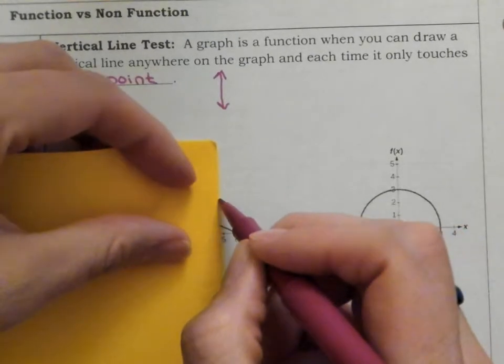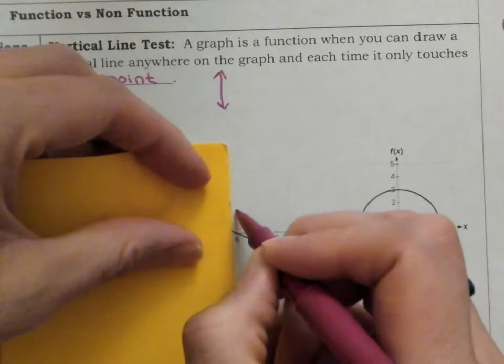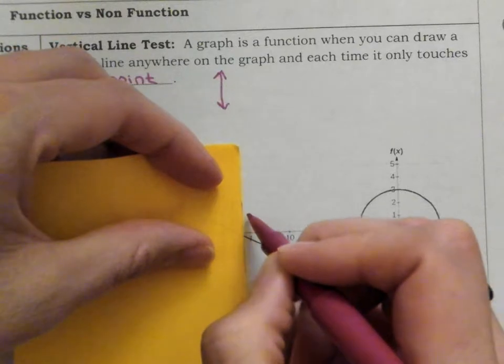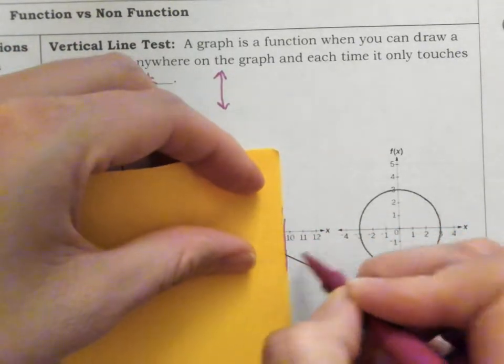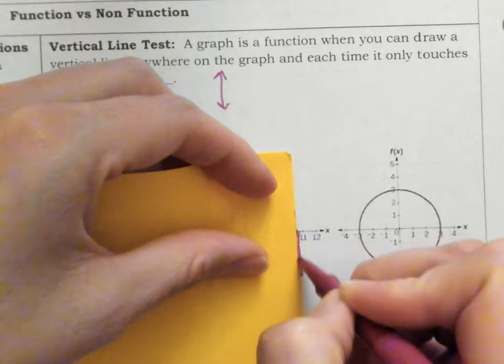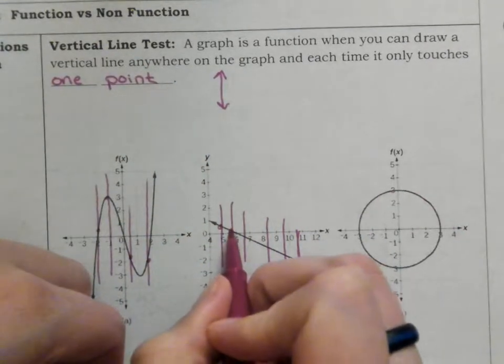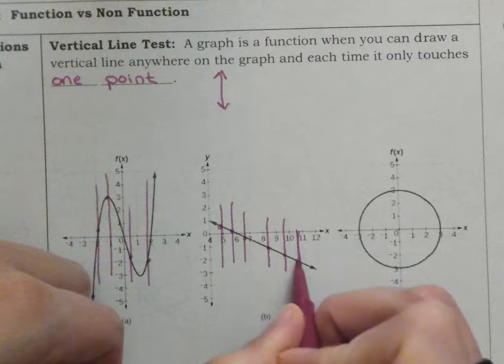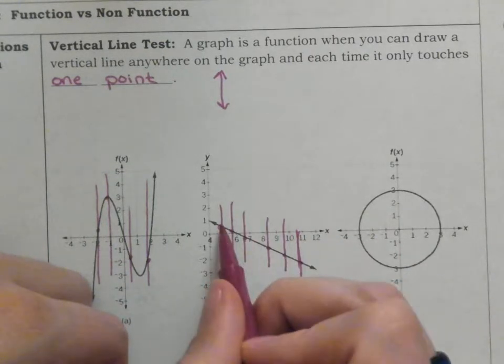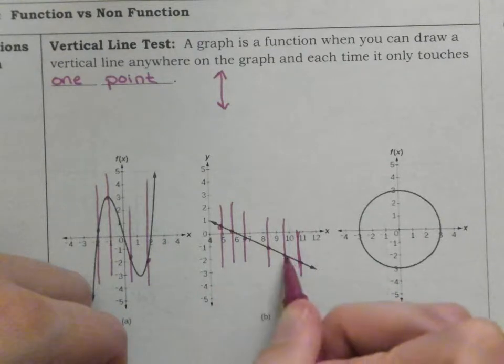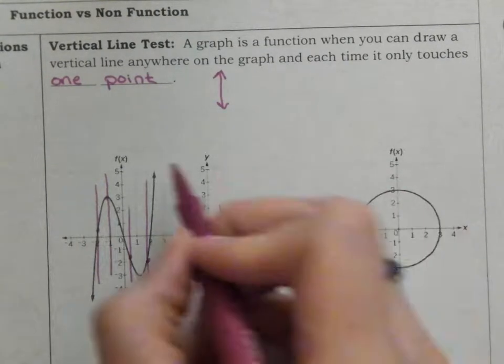If I draw a vertical line, okay, all these vertical lines are only hitting the graph one time. Yeah, I drew multiple vertical lines, but each vertical line is only hitting once. So these are both functions.